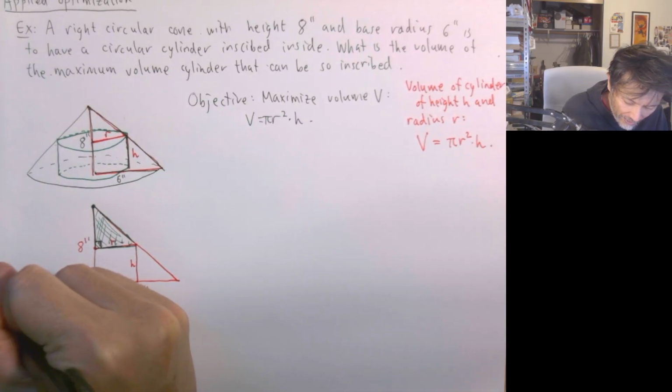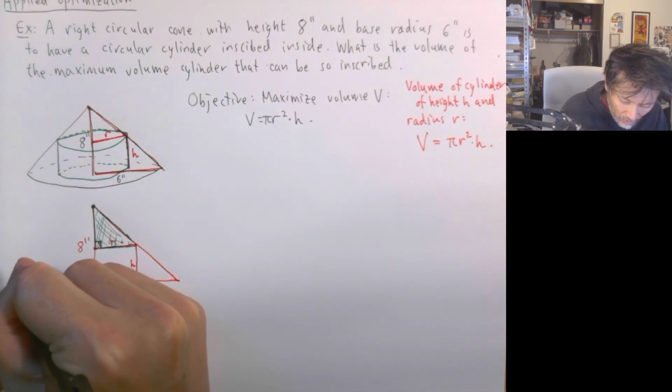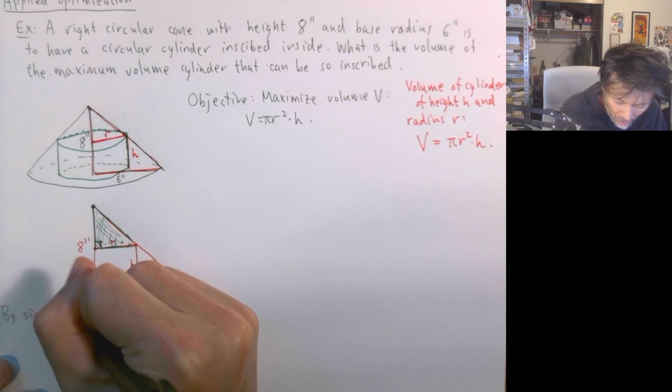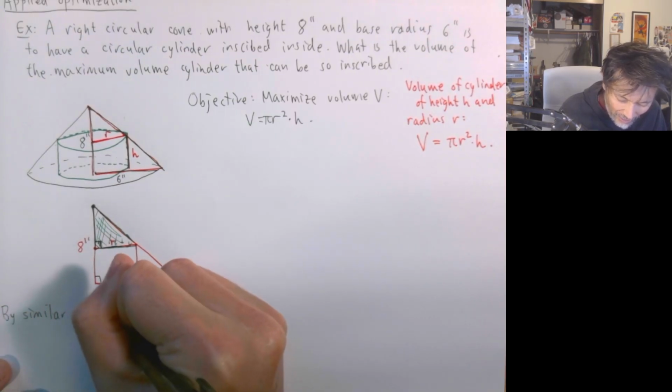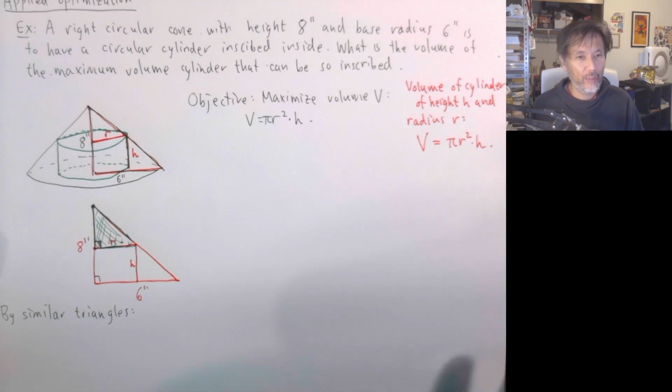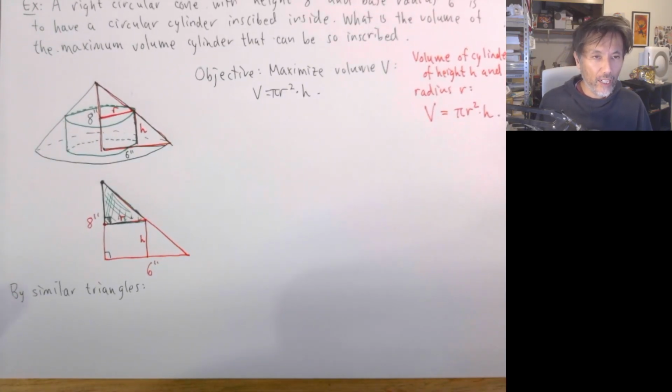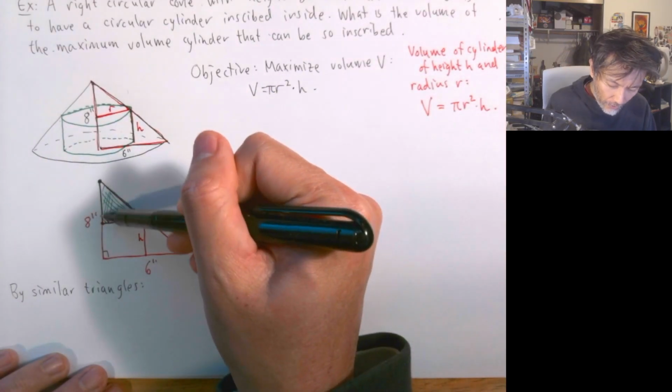So by similar triangles, this length over that length.